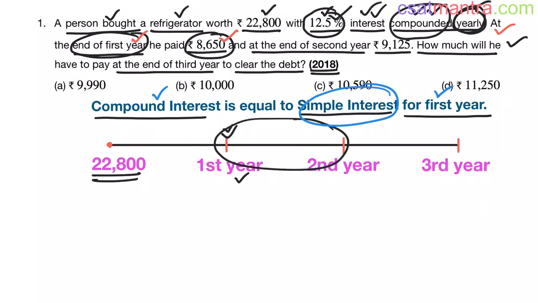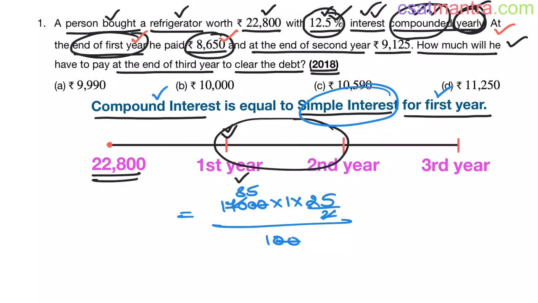Okay, so simple interest on 17,000 is equal to PNR. Okay, P is 17,000, N is 1 year, R is 12.5. I have written 12.5 as 25 by 2 into 100. Double zeros get cancelled out. 170 by 2 my friends, that is 85. Okay, this is 85 into 25.